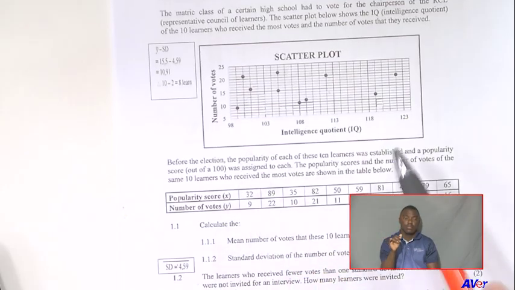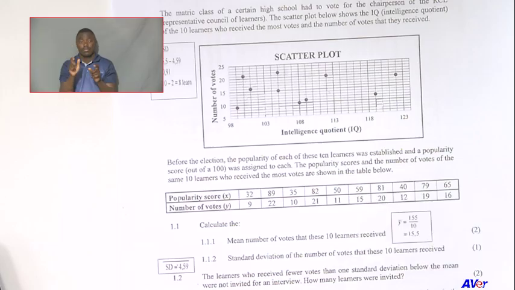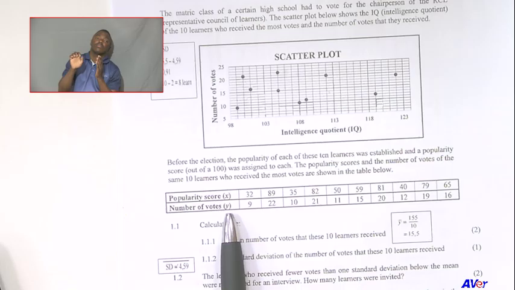If it's in terms of columns, your first column is X and your second column is Y. So then you can distinguish between the X and the Y axis, what is written on the X axis and what is written on the Y axis. Now, in this case, they ask you to calculate the mean of the votes. So I need to determine the average of the Y values, correct?